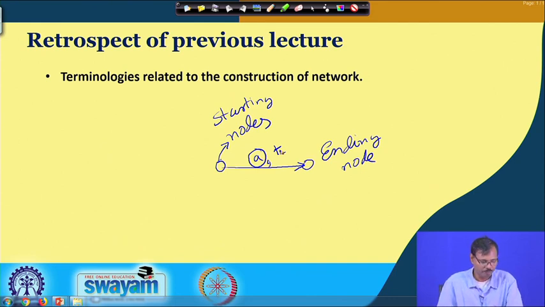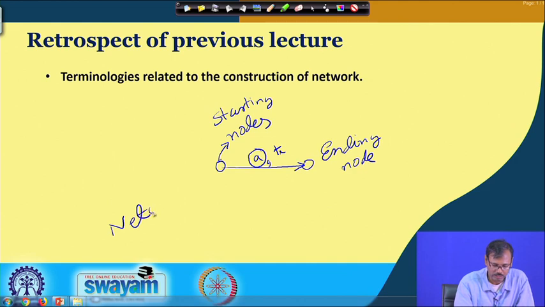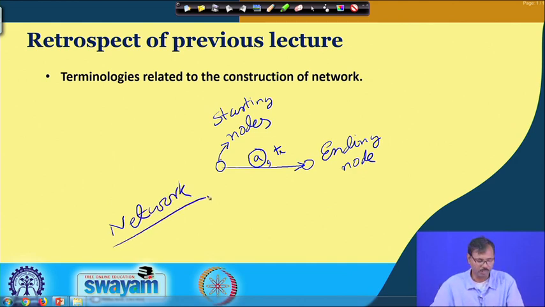So, a project graph or network is a combination of a number of jobs. We will discuss how to construct a network in this lecture, but before that we are retrospecting what we learned in the previous lecture.